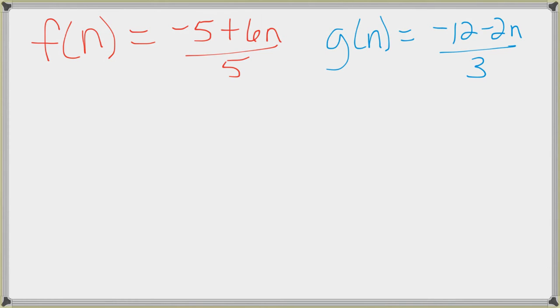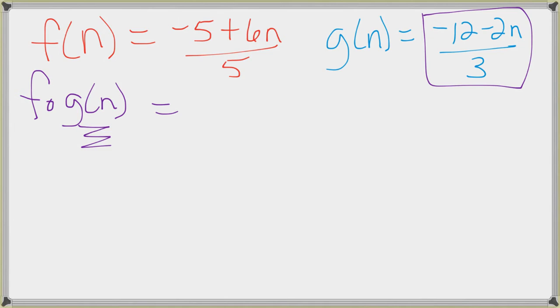What are we looking for? We're looking to see if everything cancels except the n. So f of g of n equals, take the whole function g, that blue part, negative 12 minus 2n over 3, and use it to replace the n. Negative 5 plus 6 times negative 12 minus 2n over 3, divided by 5.